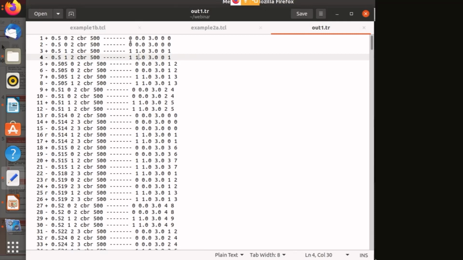this node ID means this line 0 represents the agent. Okay, which agent is transmitting the data? 0 or 1, 0 or 1, like this.